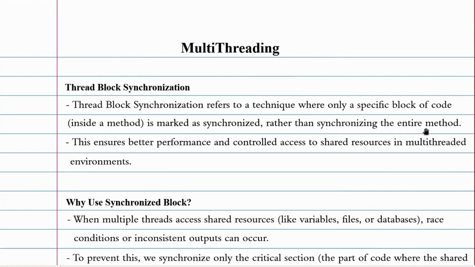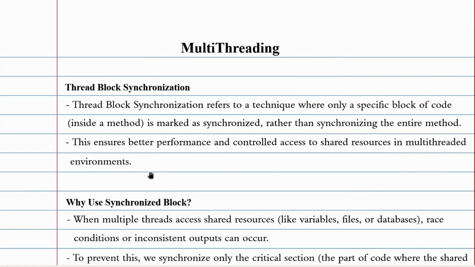We create a synchronized block, put some code in it, and only that code will be synchronized, not the whole method. This ensures better performance and controlled access to shared resources in multi-threaded environments.